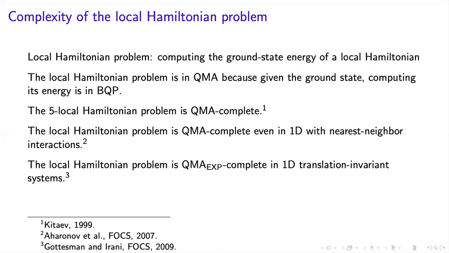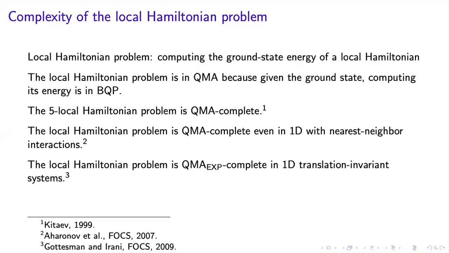What is highly non-trivial is that this problem is complete for QMA. This was first proved by Kitaev, who showed that the 5-local Hamiltonian problem is QMA-complete. Here 5 means that each term acts on at most 5 spins. But later there were many improvements to this result.